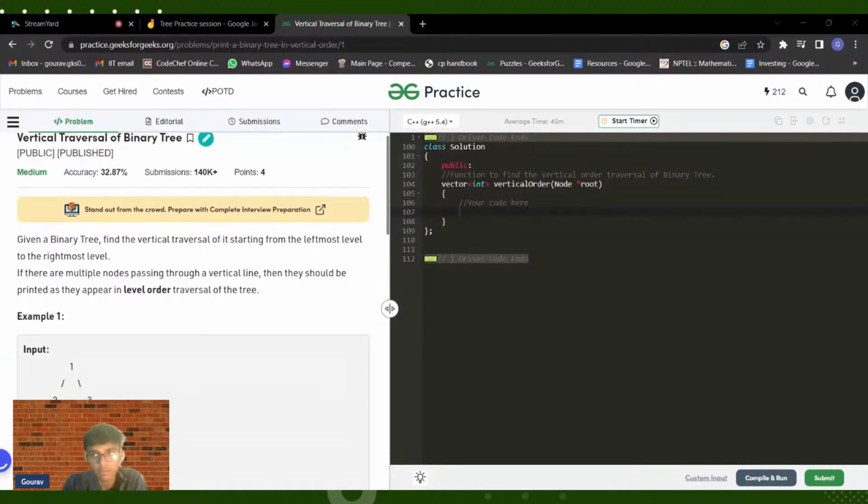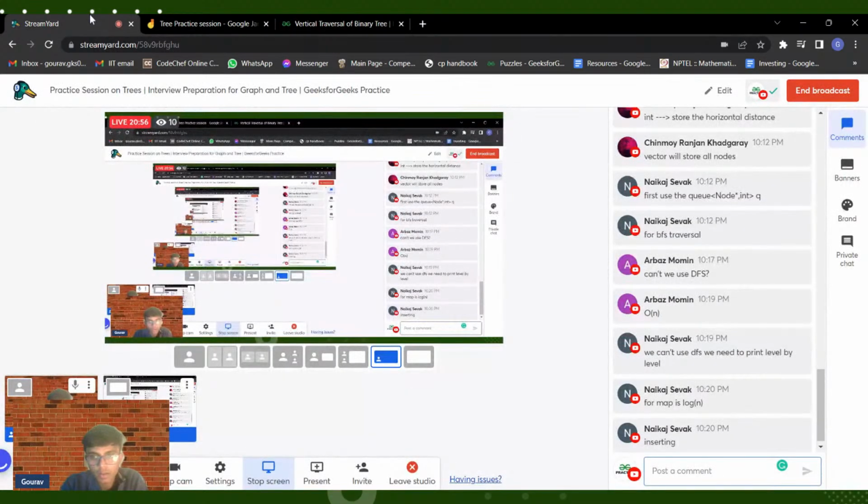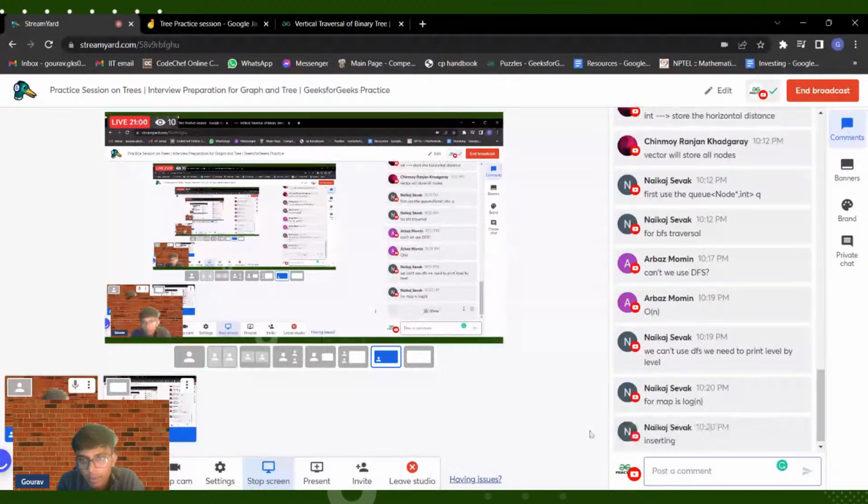We can't use DFS because we need to print level wise. Okay, Naika is saying for map, it is normal for insert.